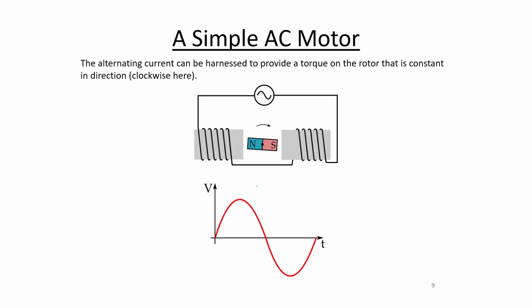And then of course, if you want to complete the whole cycle, you've gone through one complete cycle of the sine wave, and you've gone through one complete rotation of the rotor. And in this kind of motor with two electromagnets on the stator and a permanent magnet on the rotor, you get one oscillation of voltage equaling one rotation of the rotor.